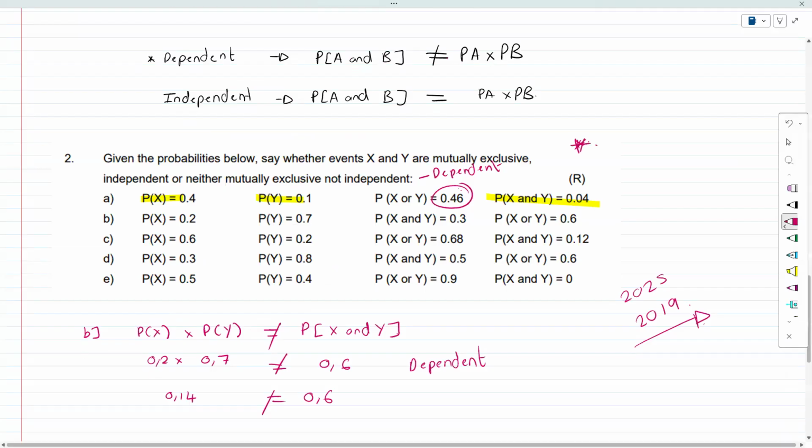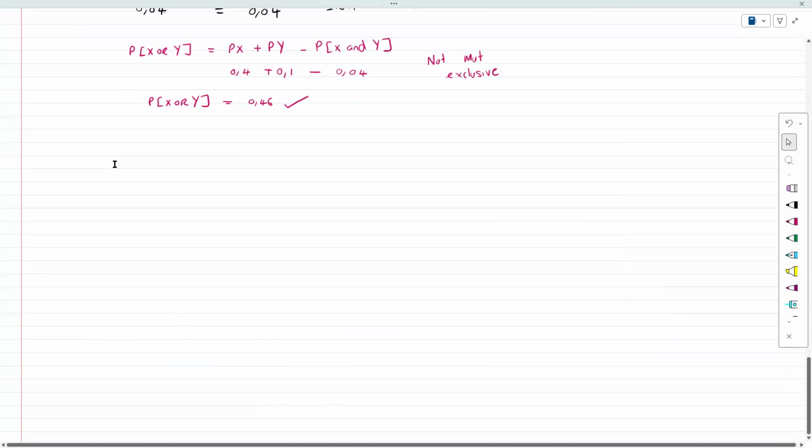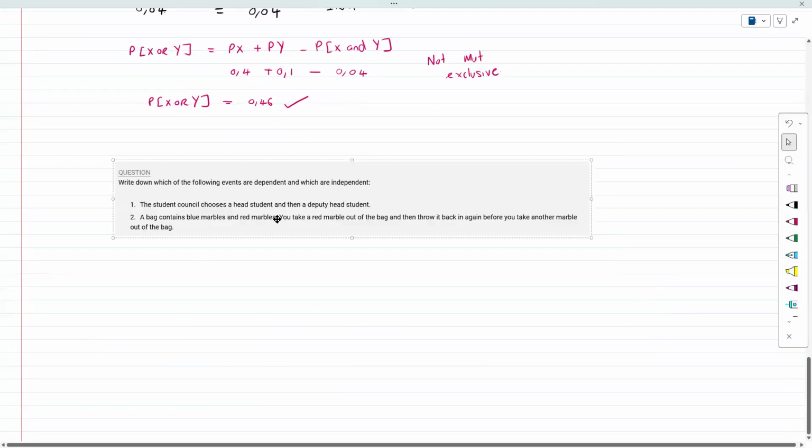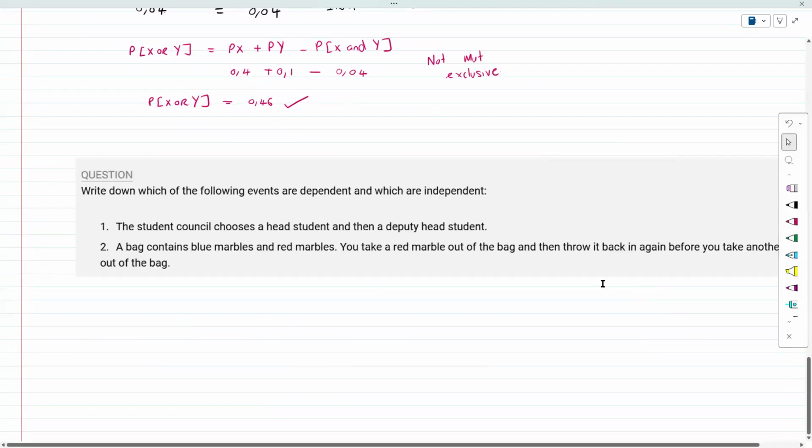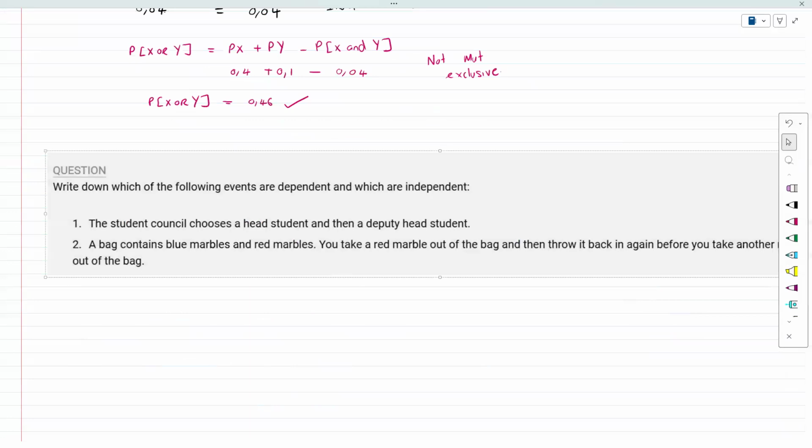This is from grade 11. We're using a textbook, the government textbook and government worksheets, but let's start with some really easy questions. It says, write down which of the following events are dependent and which are independent. So let's start. For question 1, it says the student council chooses the head student and then the deputy head student.